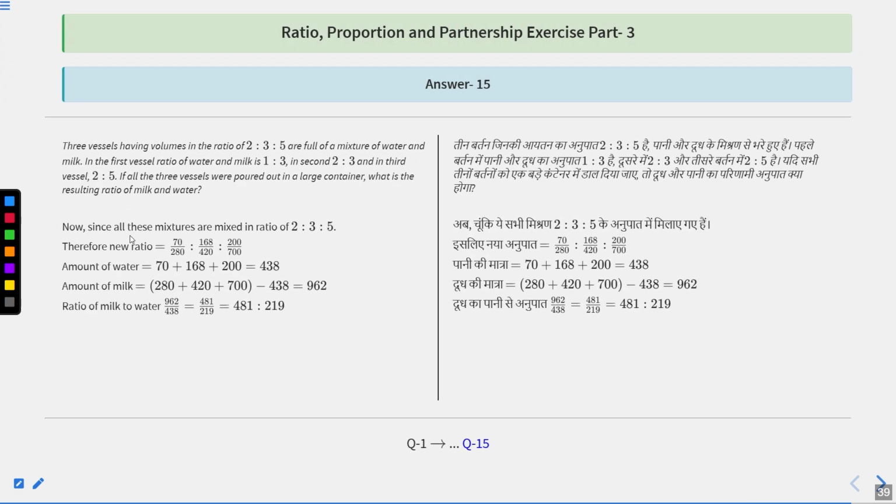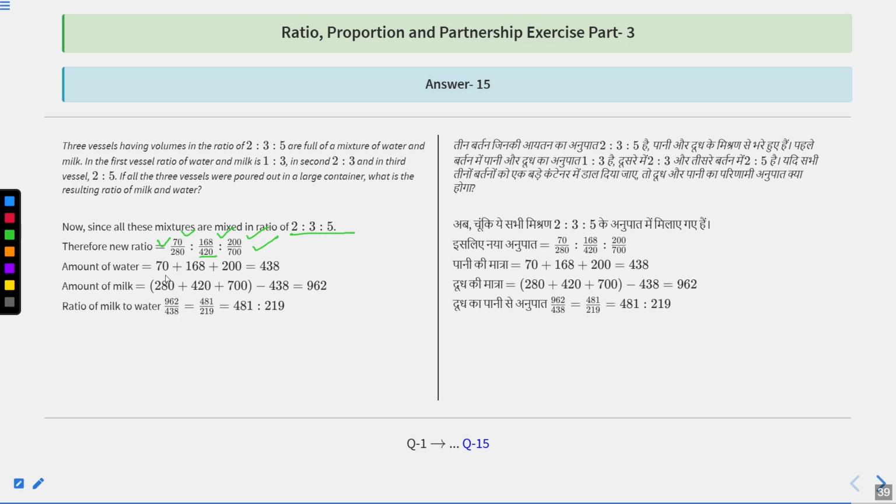Now, since all these mixtures are mixed in the ratio 2:3:5, first we make them in the ratio 2:3:5. Therefore, the new ratio will become 70 upon 280, 168 upon 420 and 200 upon 700. So for the amount of water, we add the numerators because in the numerator we use water.